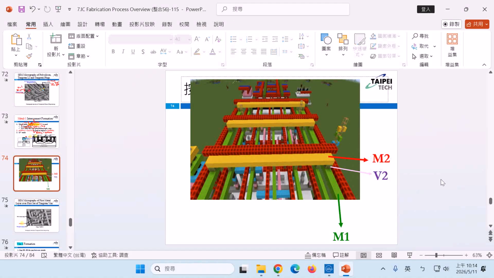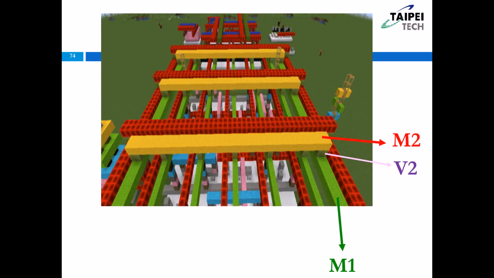You see the VL2, and VL2 is used to connect metal 2 to metal 1. You also need to know metal 1 and metal 2 align to different directions, and between them we need to use this via to connect metal 1 and metal 2, okay?